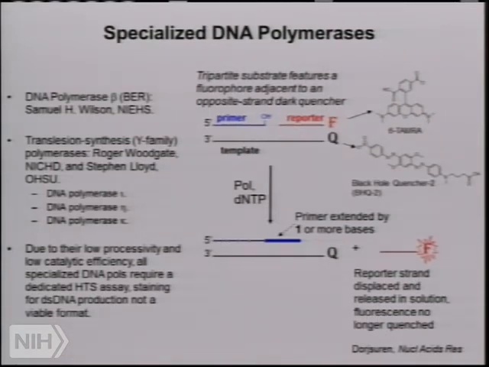Upon insertion of one or more bases by the polymerase in the presence of the NTPs, the strand is extended just by one or two bases. It leads to displacement of this reporter because by design, this is held by only a couple of base pairs. So its melting temperature is adjusted to be only slightly above room temperature.